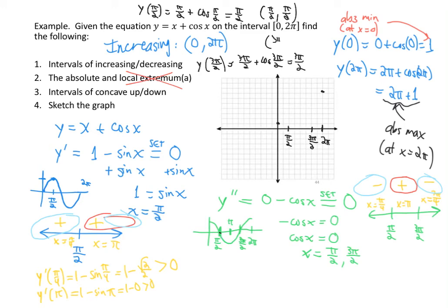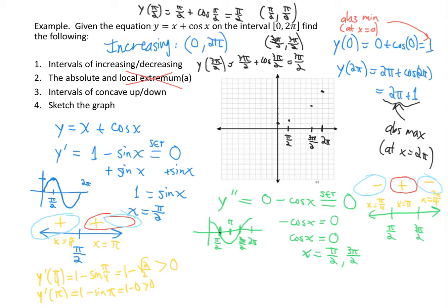So we have the point 3 pi over 2, 3 pi over 2. And 3 pi over 2 is about 4.5. So 1, 2, 3, 4.5 is about there. And for the point pi over 2, pi over 2, pi over 2 is about 1.5. So I have this here.